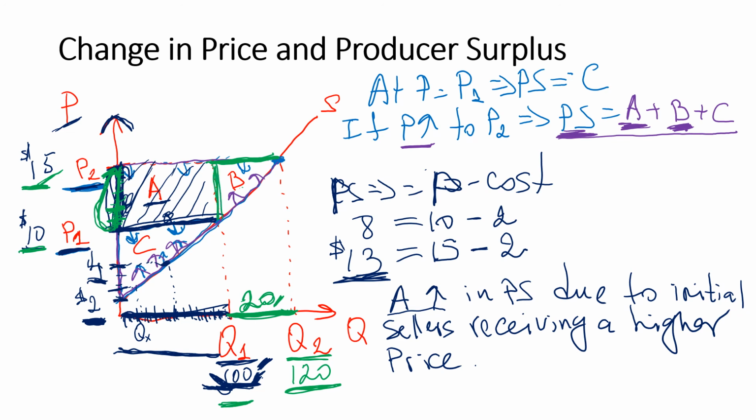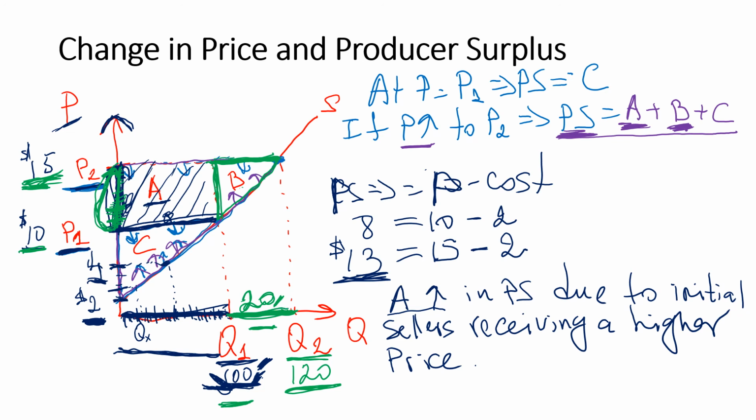So this area B is going to represent the increase in producer surplus due to new sellers entering the market. Because now for these 20 new sellers, their cost of production is lower than the new ongoing price on the market. They're saying, oh, I can start selling. So this is 20 sellers.